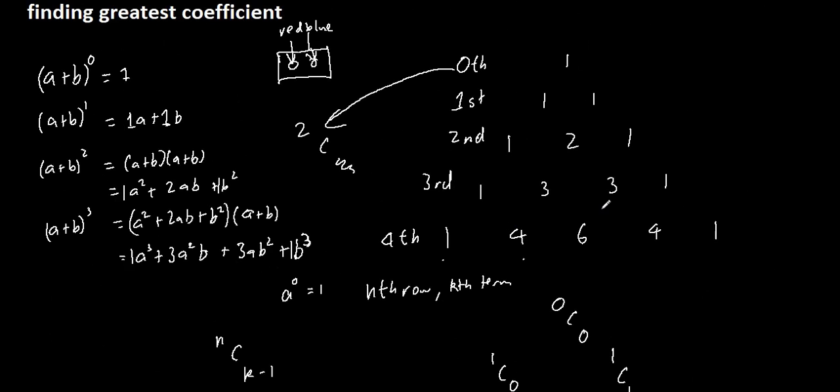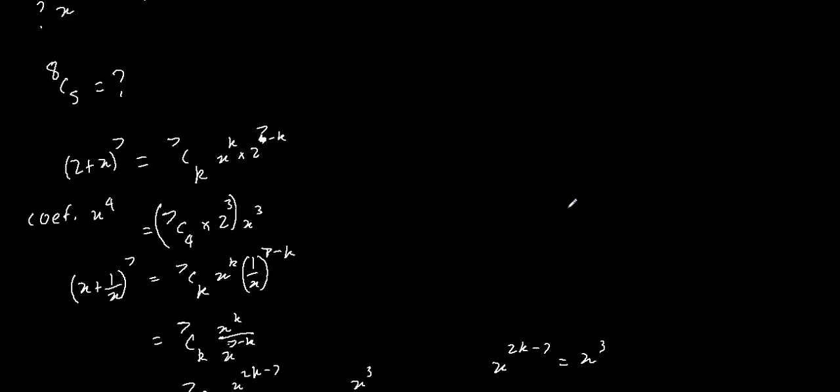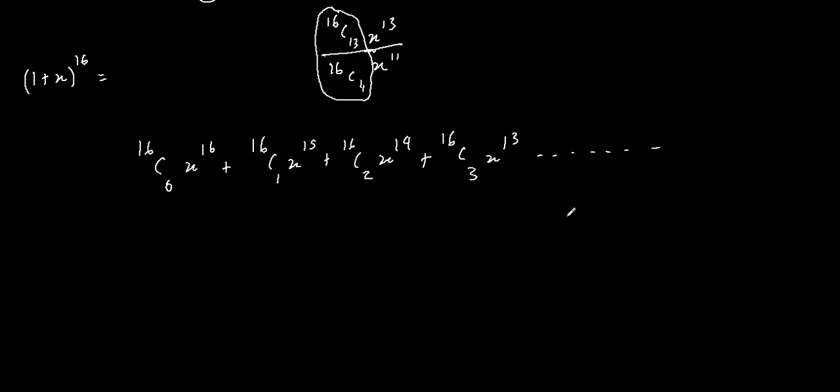But 4 over 6 is 2/3, and that's less than 1. So that means this term would be the biggest coefficient. So this is how I would solve for the biggest coefficient. As soon as the ratio starts getting less than 1, the denominator is the biggest coefficient. You see how it always starts increasing and then goes down.